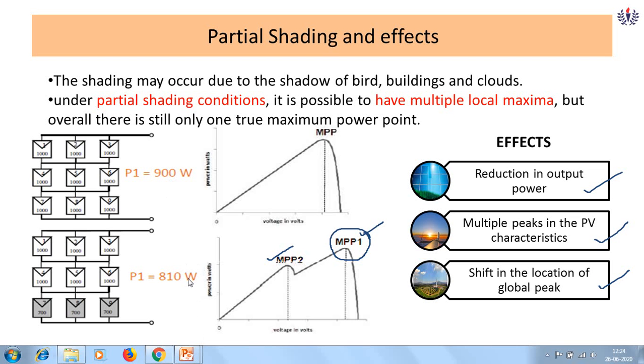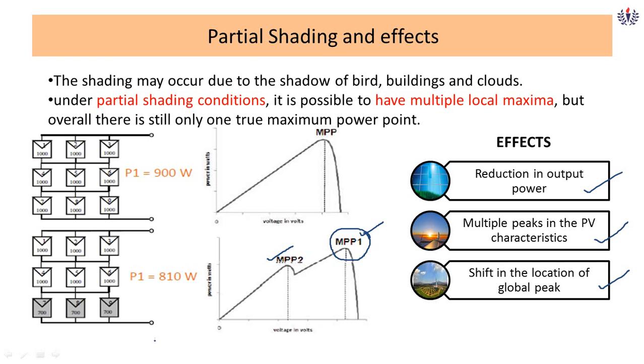Though you have all the facilitating elements, you are losing 90 watts. It is not going to be good for PV power production or PV power plant operation. So this has to be avoided by using an algorithm implemented between your load and your PV.